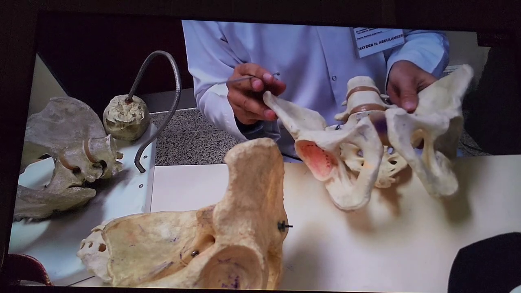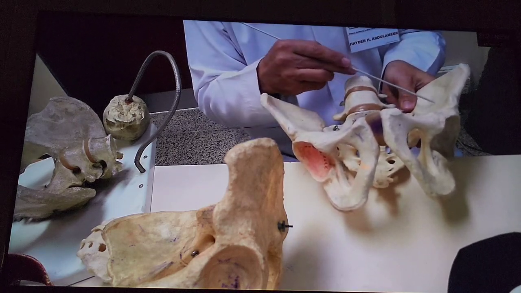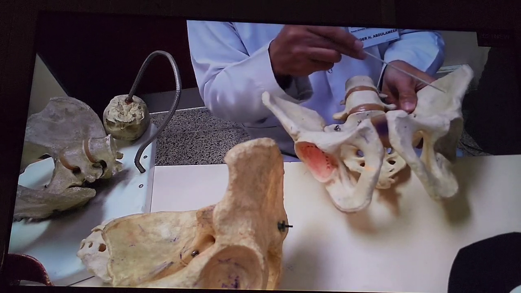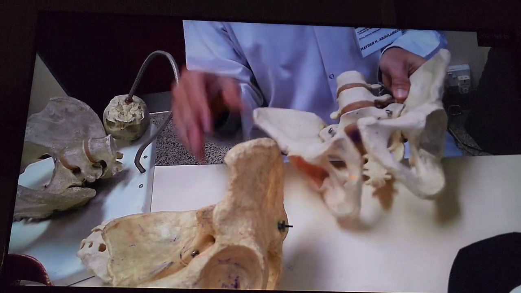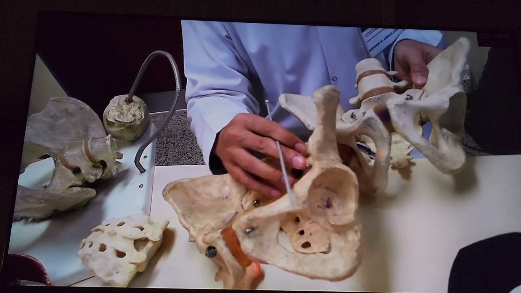The false pelvis in case of male is deep, while in case of female it is shallow.